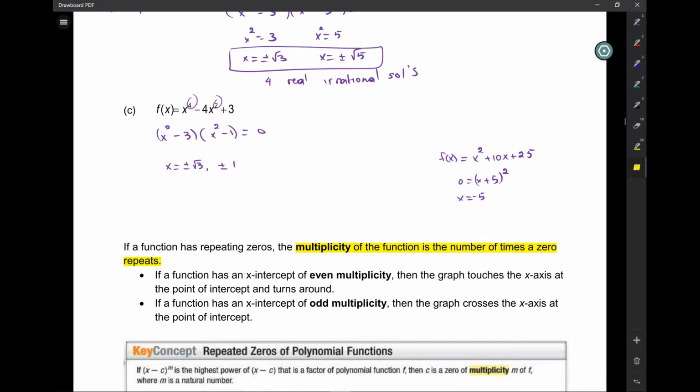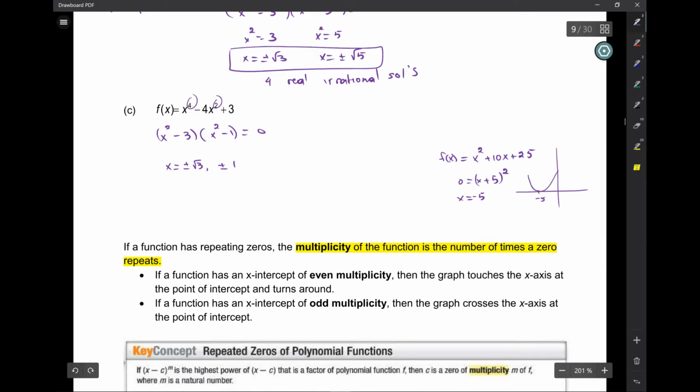Now, a 0 is where it hits the x-axis, correct? So this function hits the x-axis at negative 5, is that right? How does that look at negative 5? Here is negative 5. This parabola looks like this, is that right?